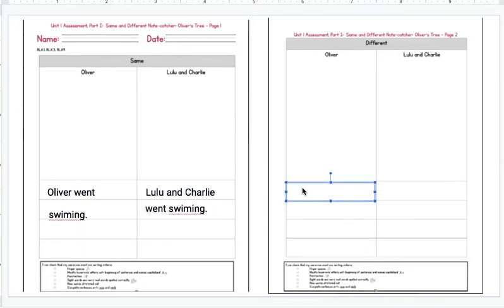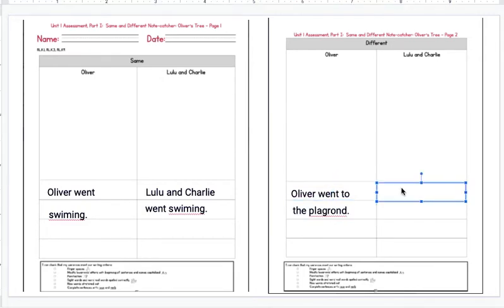Let me give you another pretend example for something they did that was different. Maybe let's write a sentence. Oliver, remember you can look up at the top to see where Oliver's name is. Went. In my pretend example, I'm going to say that they went home. Lulu and Charlie went home. And I would draw a picture of that. Remember, that's not really what happened.